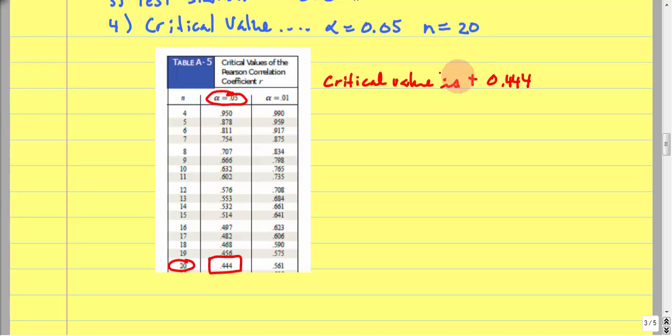Okay, so now I'm going to have to make a decision. Before I actually make my decision in step 5, let's go ahead and look at our decision rules.